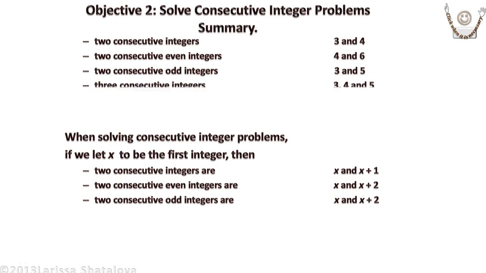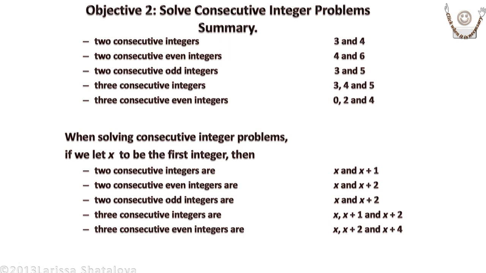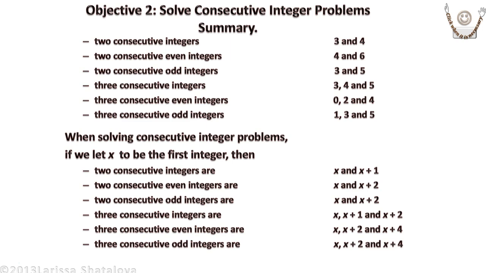Three consecutive integers, 3, 4, 5, can be x, x + 1, and x + 2. Three consecutive even integers, 0, 2, 4, we can show as x, x + 2, and x + 4. Three consecutive odd integers, like 1, 3, and 5, you can show as x, x + 2, and x + 4, the same as 3 consecutive even integers.